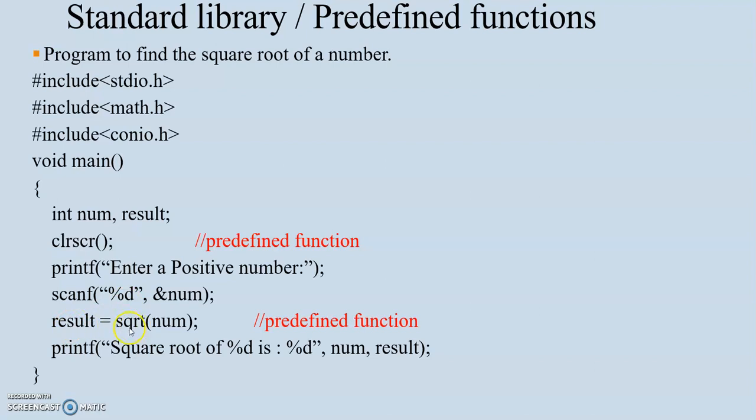Now the function is sqrt(num), which returns a value, and for that we have written down result as the variable. In these predefined functions, we need not write down the actual function or the function definition, as they are already available in the libraries or in the header files.